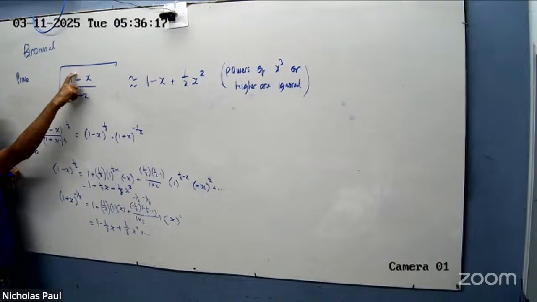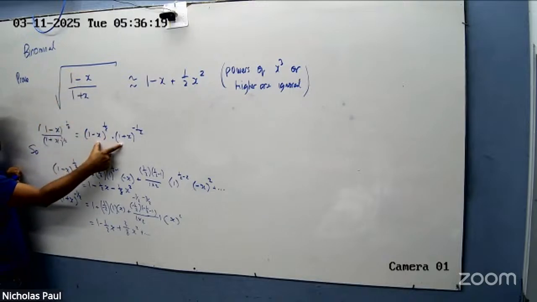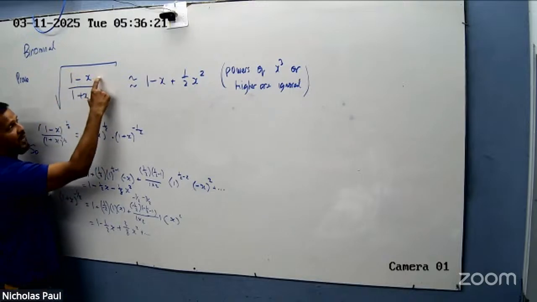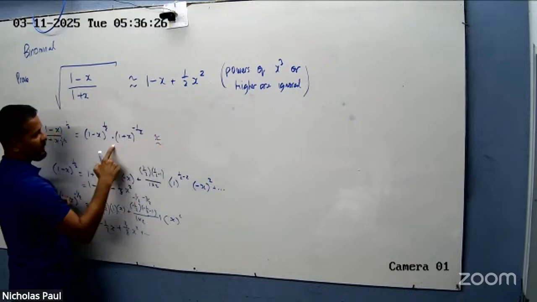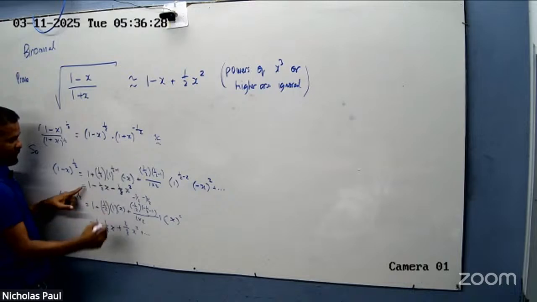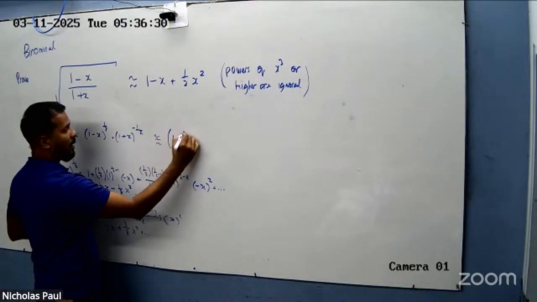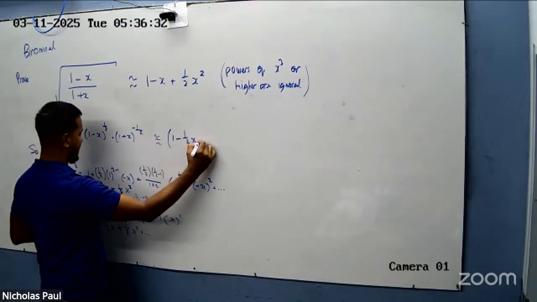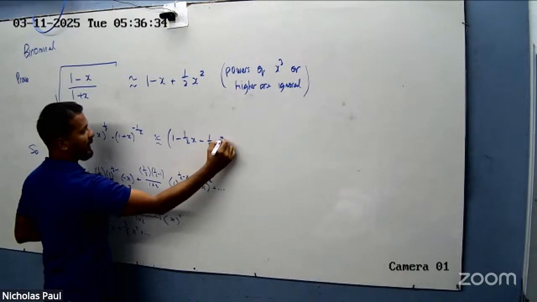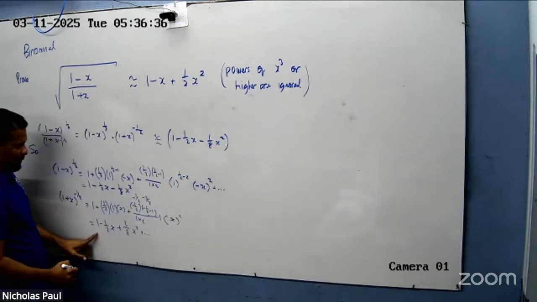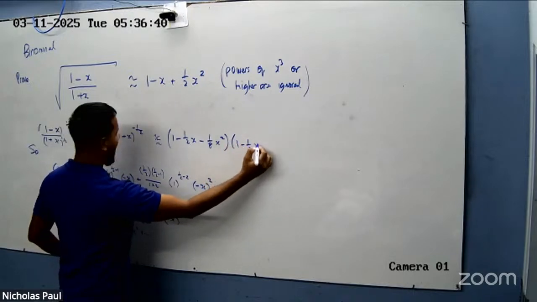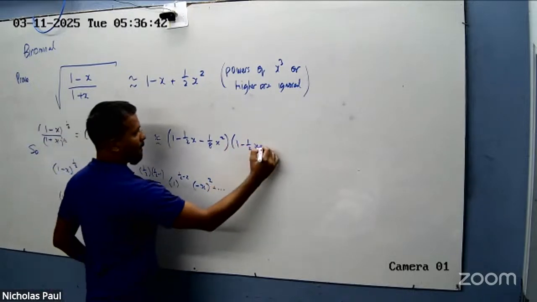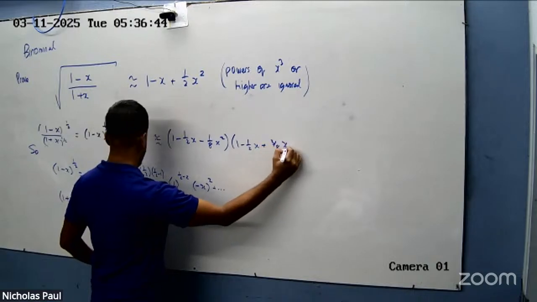So I took this and I made it look like this, and they want me to simplify, make it look like that, right? So all I'm going to do now is to multiply these two out. I'm going to multiply 1 minus a half x minus 1/8 x squared by this, 1 minus a half x plus 3/8 x squared.